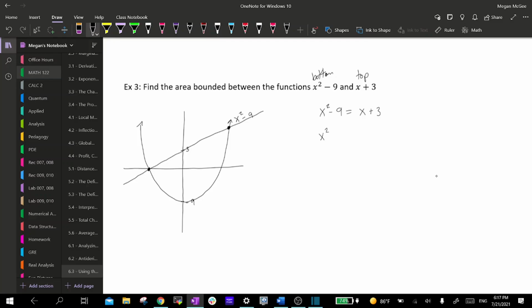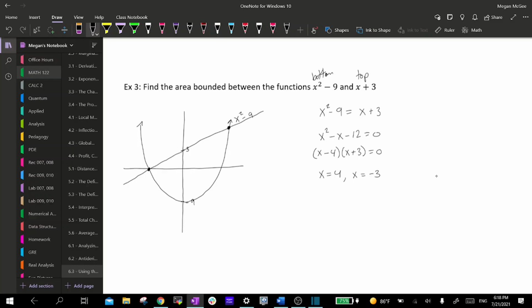So we have x squared minus x minus 12 is equal to 0. We can factor this into x minus 4, x plus 3 is equal to 0. And so this gives us x is equal to 4 and x is equal to -3. These should be our bounds.